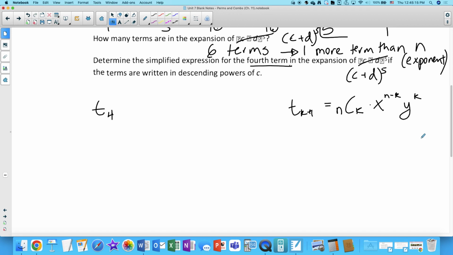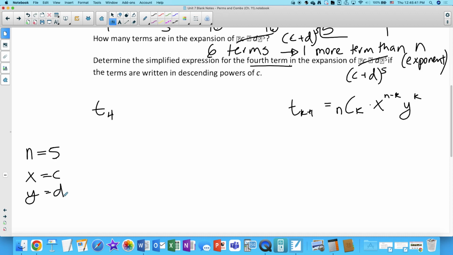Now, to put things into this formula, we need to know a few things. So firstly, we need to know what n is. And n is always the exponent on the binomial. So in this case, n would be 5, because we're going c plus d to the 5. Okay? Now, x and y in this case are just c and d.